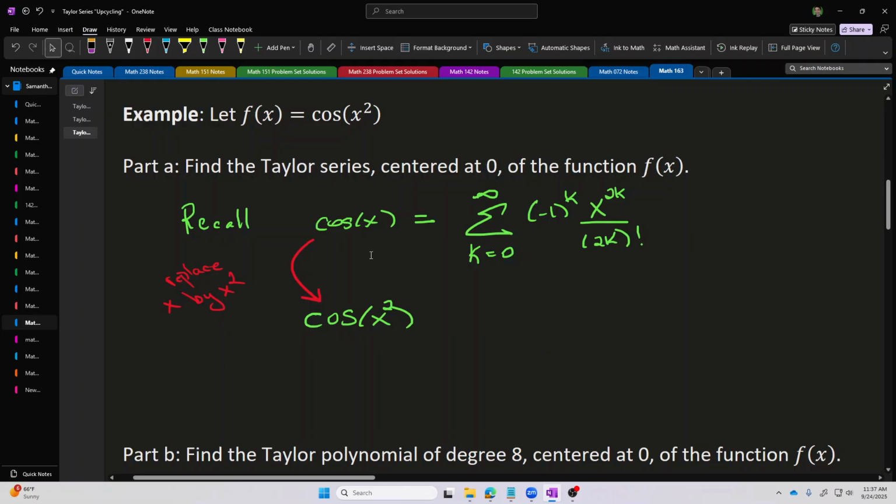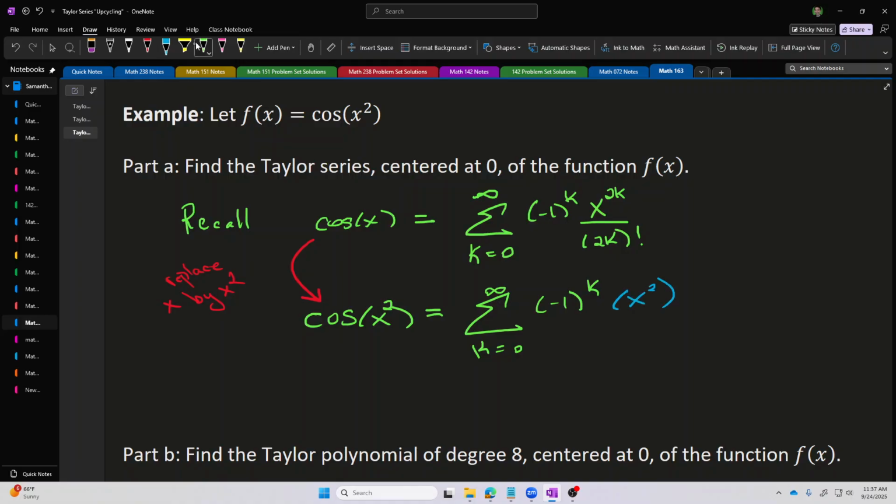Having taken that same action on the left-hand side, I need in this equation to take exactly the same action on the right-hand side. So make that swap in the function means make that swap in the series. What was previously x to the power 2k, I'm now going to replace that x by the quantity x squared and raise that to the power 2k.